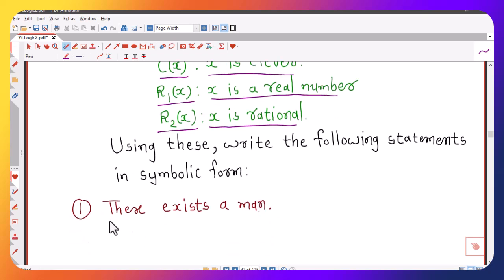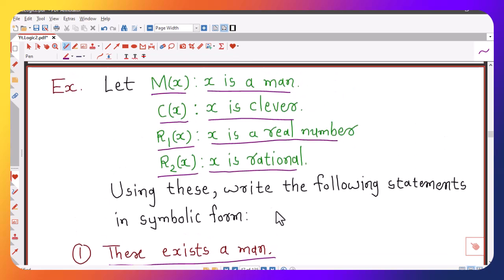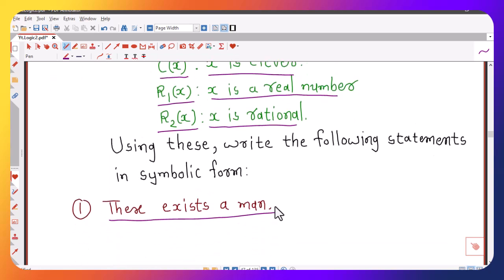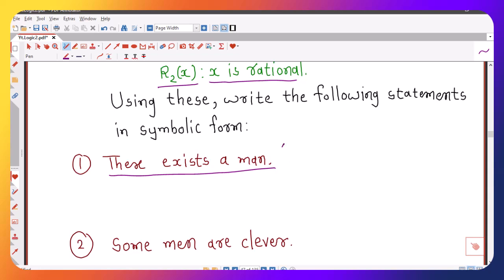First statement is there exists a man, that is, there is some man here, that is, there is at least one man. So this we can rewrite in this way also: there exists at least one man.